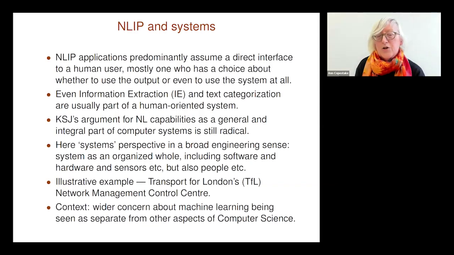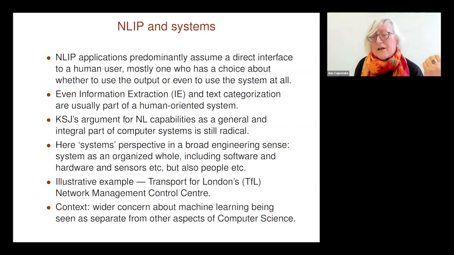Natural language and information processing applications predominantly assume a direct interface to a human user. So the type of things that you're talking about, machine translation, which is really very good now. You have a choice whether to use a machine translation system, and you have a choice about whether to use the particular output, and you often have a choice about whether to use the system at all.